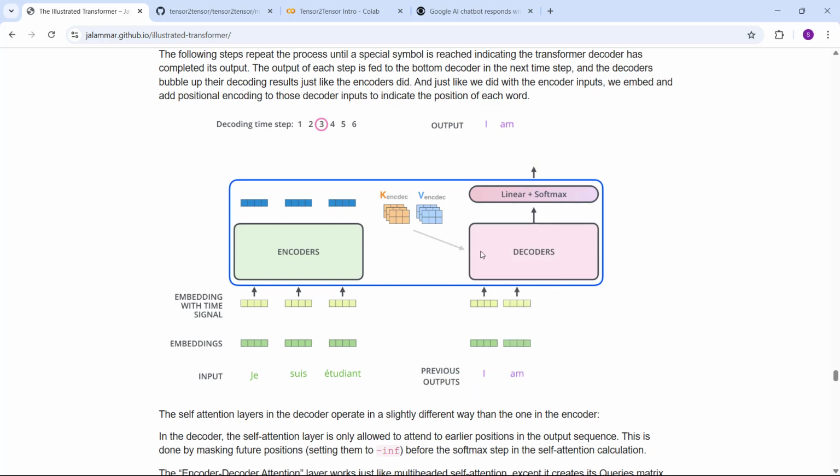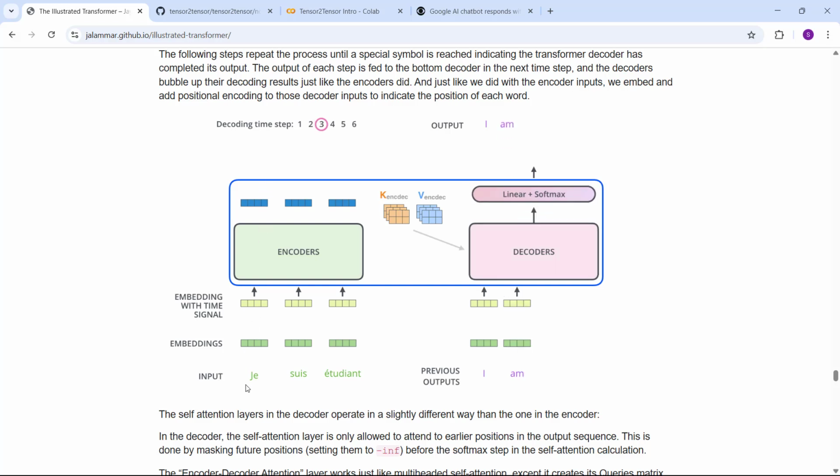Then the previous outputs, the starting sequence and I am, will be passed again, and it will predict a. Then again I am a will be passed, and it will predict student. Then the starting sequence I am a student will be passed again, and it will go to the end of the sequence and stop generating.